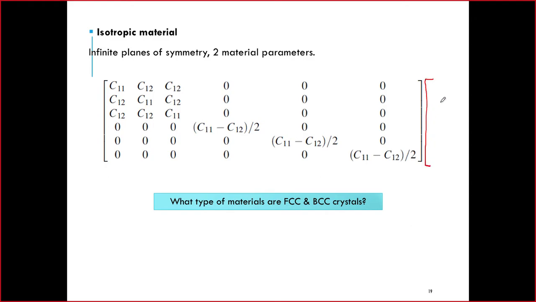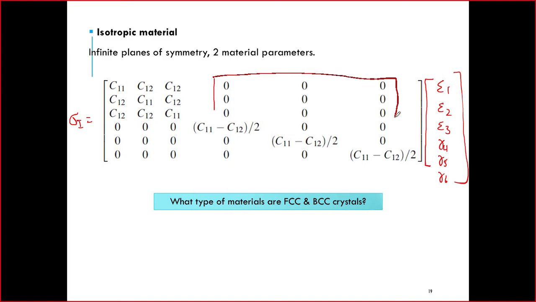If here I have my strains epsilon 1, epsilon 2, epsilon 3 normal strains, and then the gammas shear strains. मतलब ये, this is going to be equal to the stresses. मतलब ये कि if I let's say have a shear being applied, then I see कि ये सारी terms zero हैं, right? मतलब ये कि जो row की पहली terms होंगी sigma 1, sigma 2, sigma 3, and then the shear ones sigma 4, sigma 5, sigma 6.